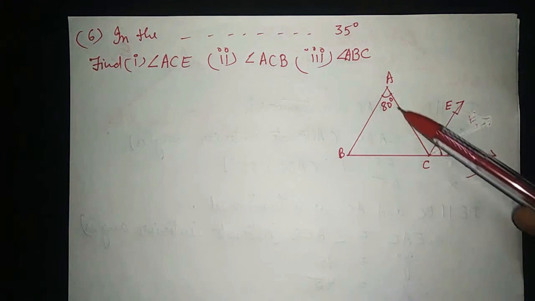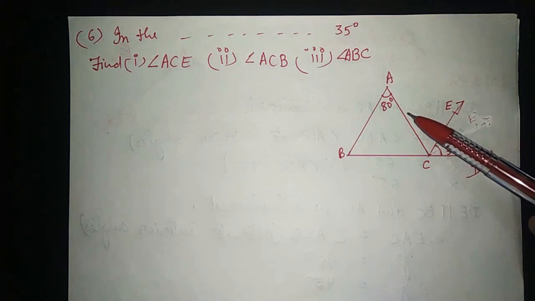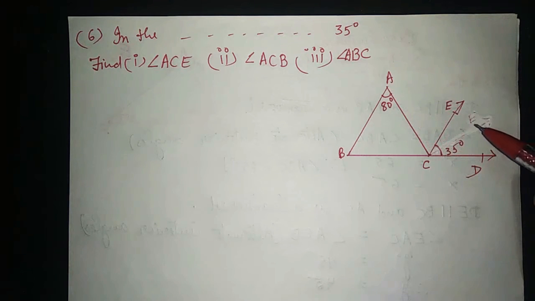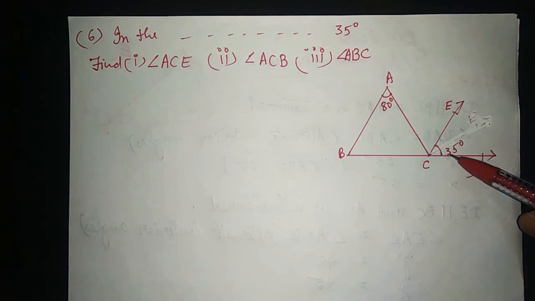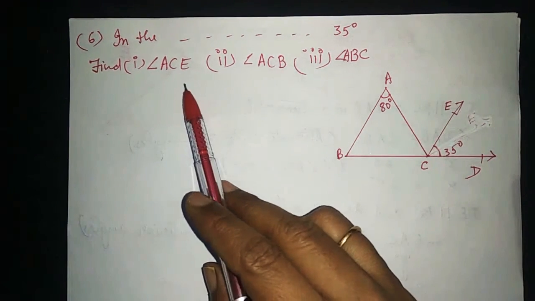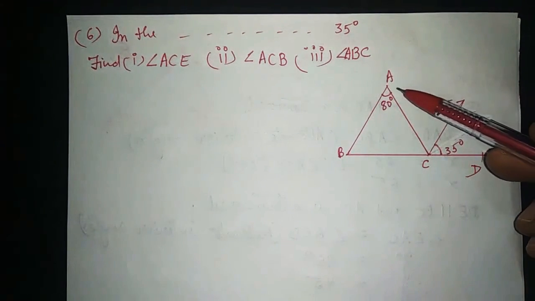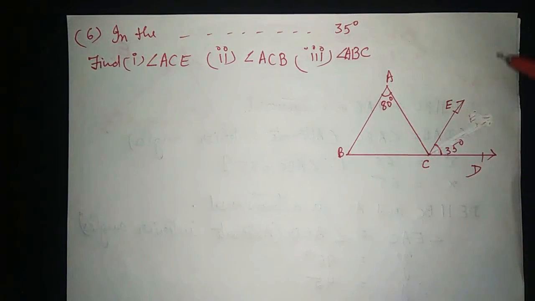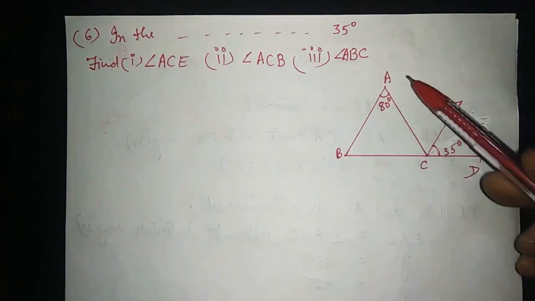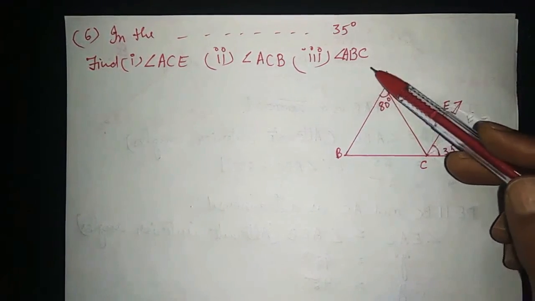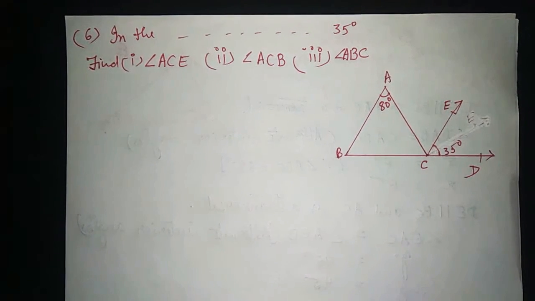Angle BAC is equal to 80 degrees and angle ECD is equal to 35 degrees, and we have to find that angle ACE measure, measure of angle ACB, and measure of angle ABC also we have to find here.